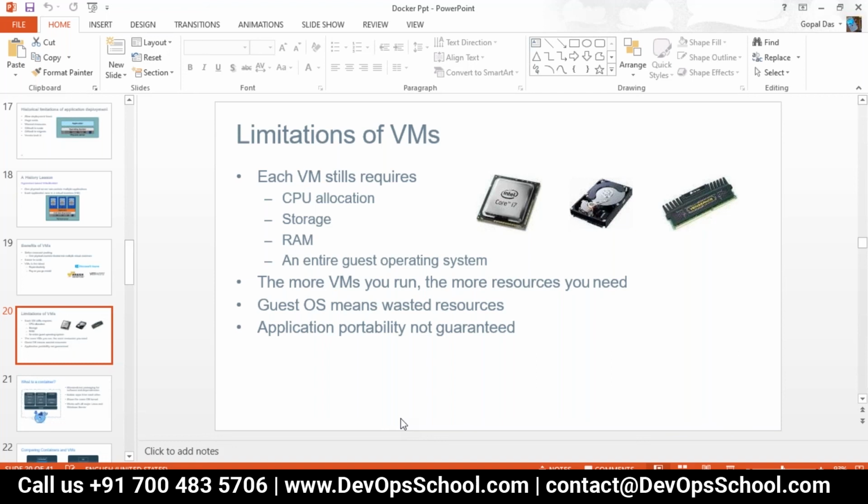There are some limitations of these VMs. You need to allocate CPU, storage, RAM, and an entire guest operating system. When we talk about the entire guest OS, what do you understand by this?